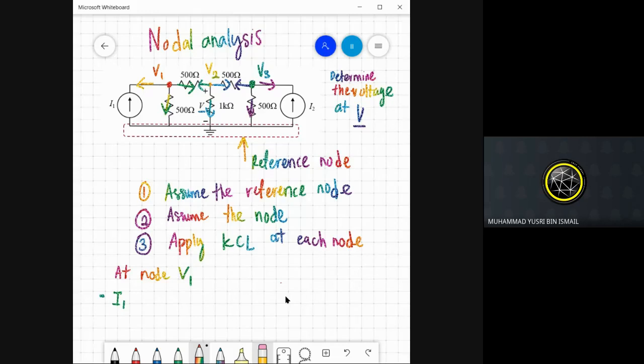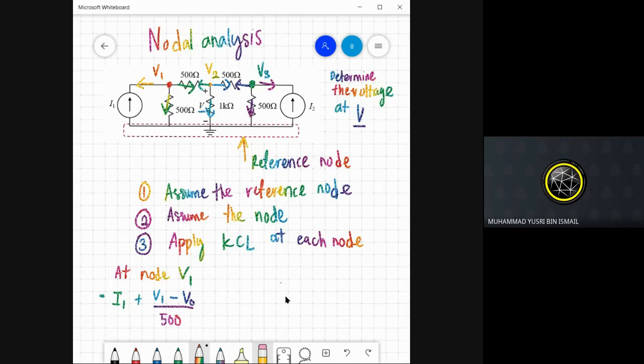Then for the current flowing downward, we will write it as V1 minus V naught, the voltage at the ground or V output, divided by 500 ohm.